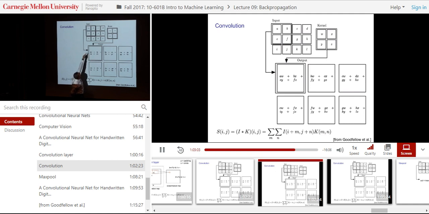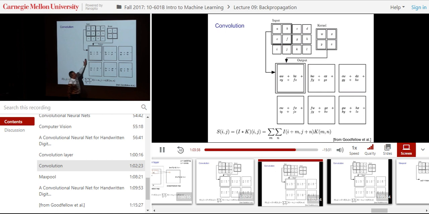And so it'll be the element A times the corresponding entry in the kernel matrix, W, and then plus, it's the sum of all these element-wise products, plus B, the next one over, times the next one over, which is X, plus E times Y plus F times Z. So it's just a weighted linear sum of the different weights in the kernel matrix times the corresponding pixels on the input.